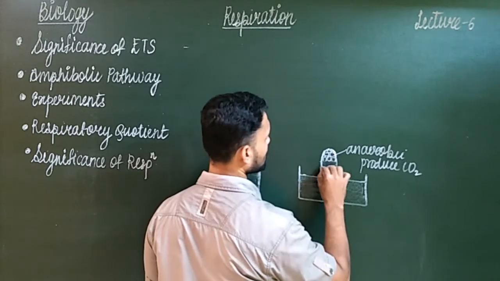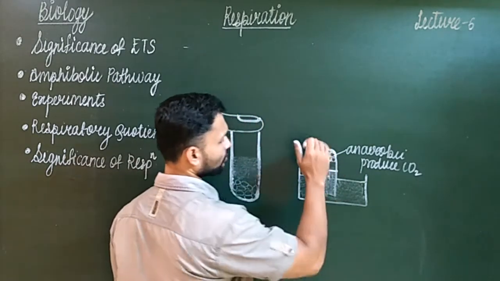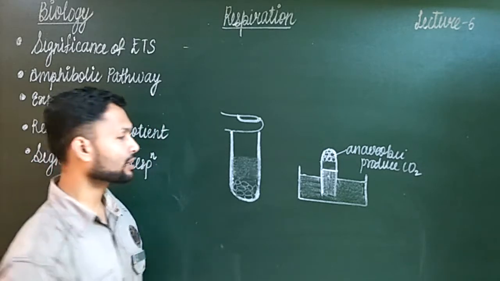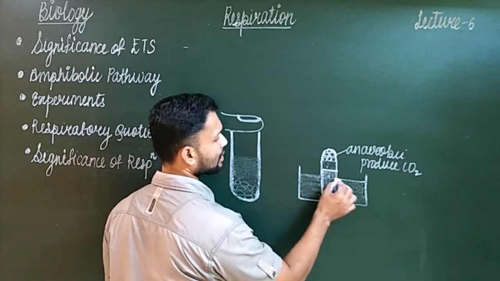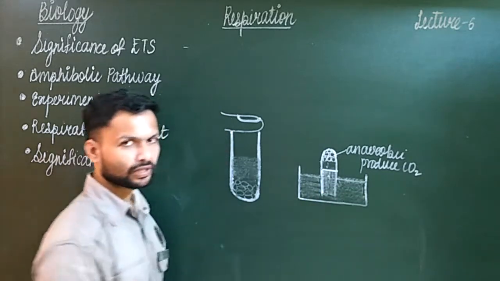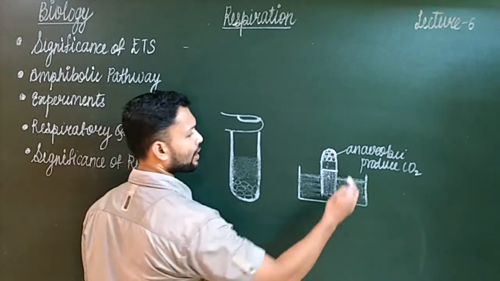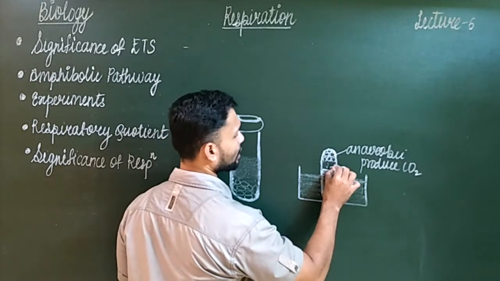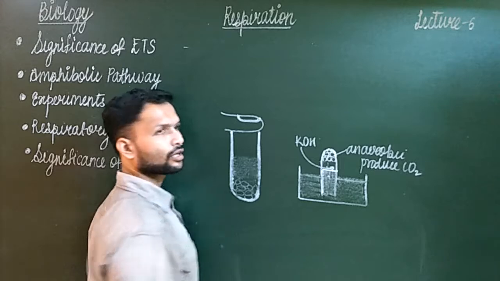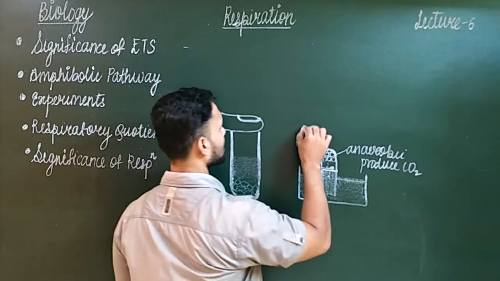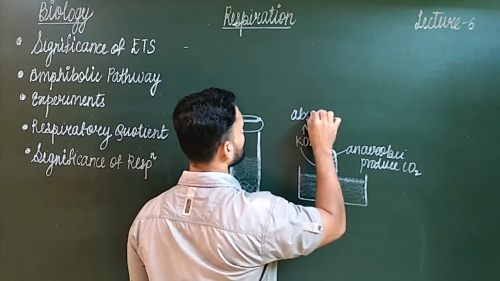That CO2 gas is formed and it will develop a pressure which will push the mercury down. Obviously the level of mercury will increase a little bit over here. Now if we put a piece of potassium hydroxide over there, potassium hydroxide has a capacity to absorb CO2.